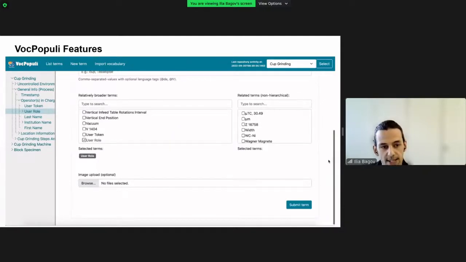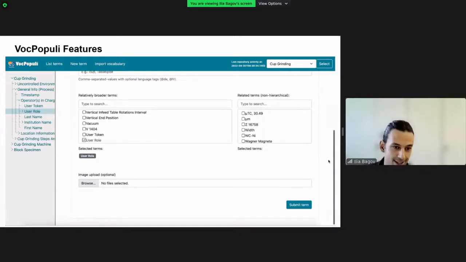basically the different ways in which the newly defined term can be related to the terms which are already present in the vocabulary. So, for example, here on the left side, you can add relatively broader terms to the one which is being defined. That is to say, those terms chosen here are the ones to which the newly defined term is a subterm of.